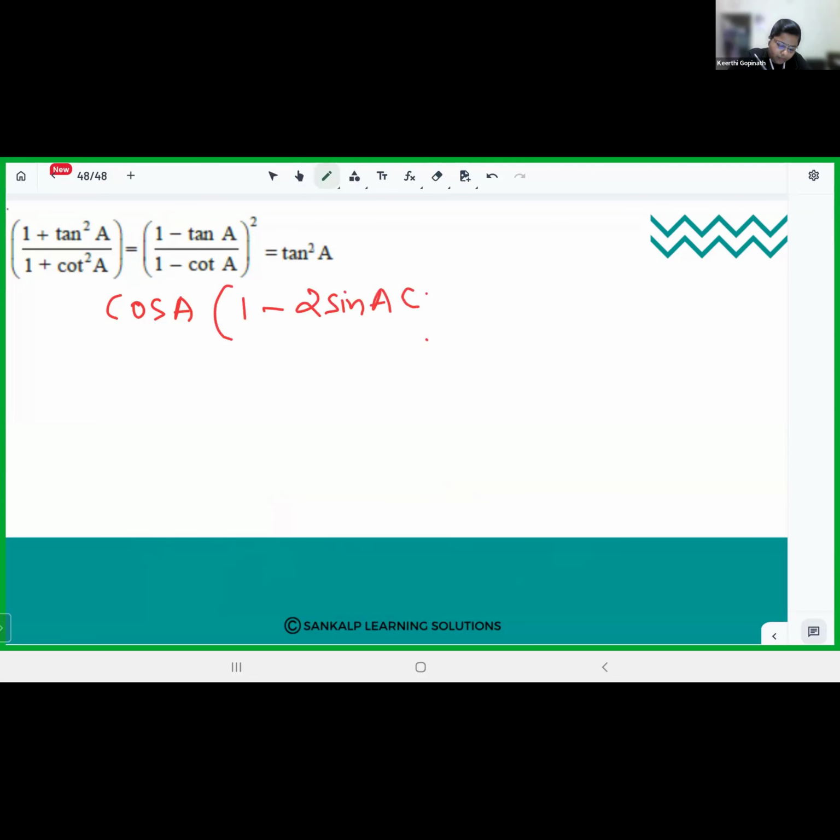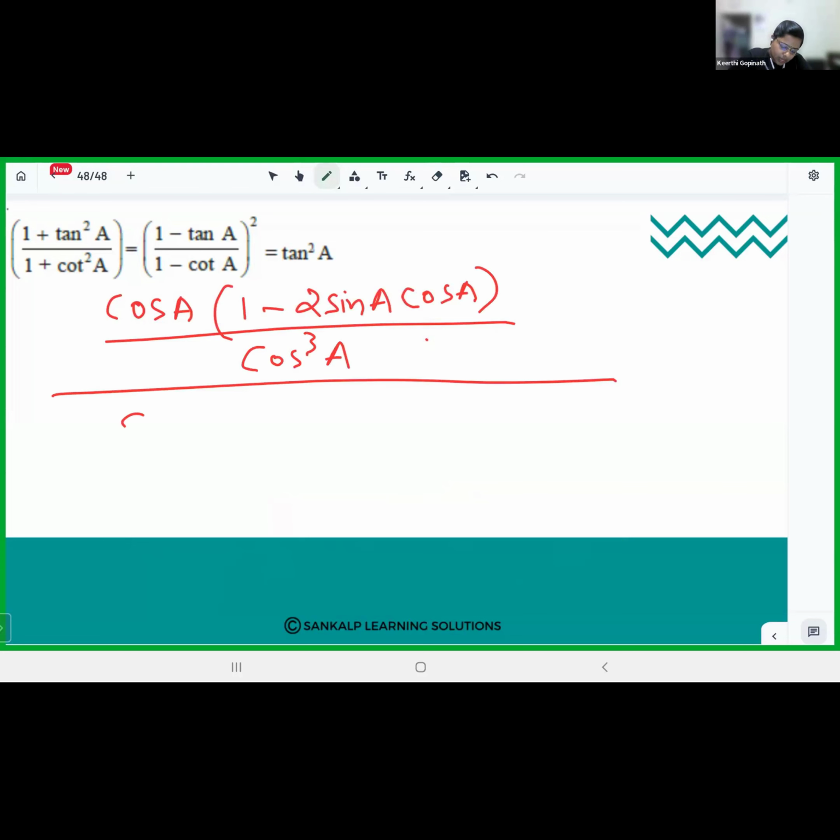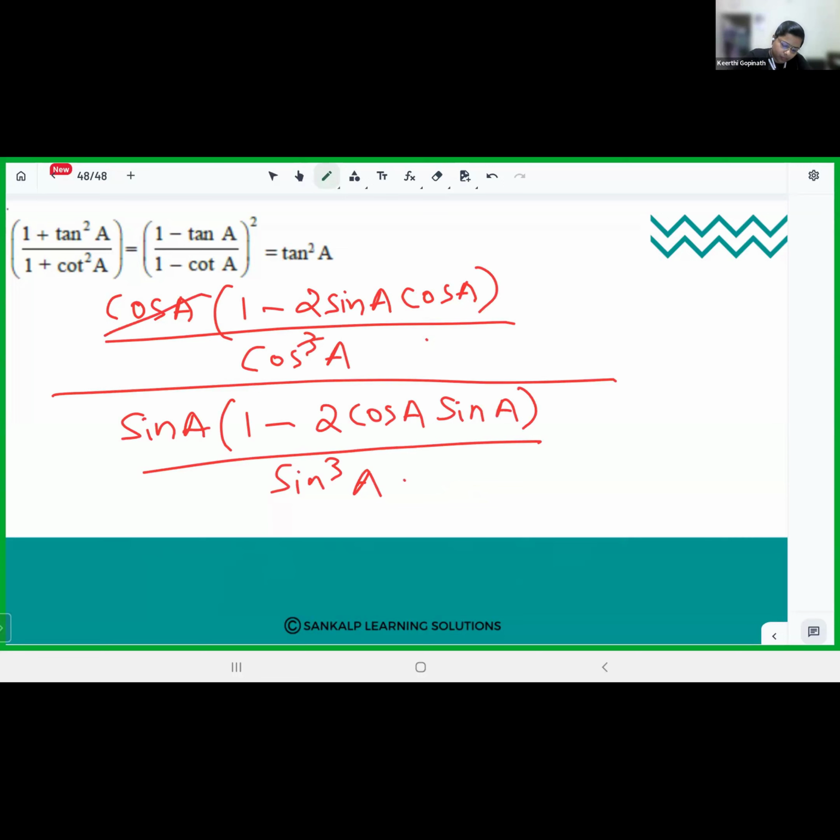So it will become cos A divided by, it was cos cube A. Then from the denominator, I'm taking sine A outside. So it will become 1 minus 2 cos A, and then it was sine square A. So we have taken a sine A, so it will become sine A by sine cube A. Okay, so you can cancel this one. Similarly, here also you can cancel.